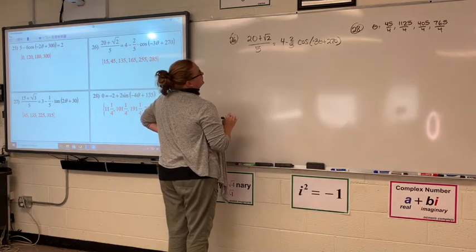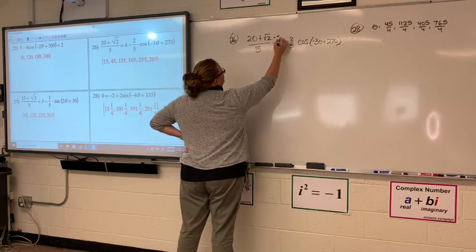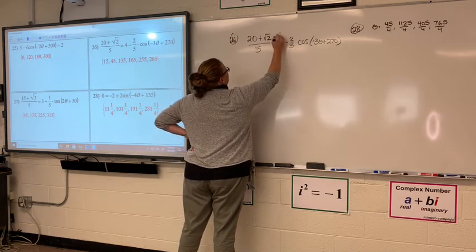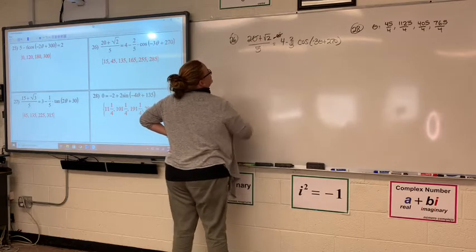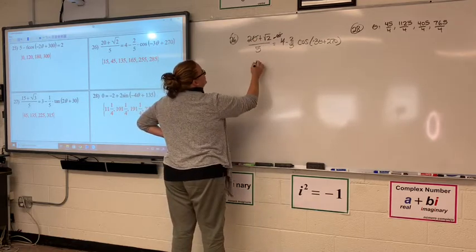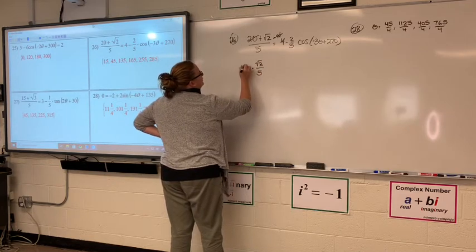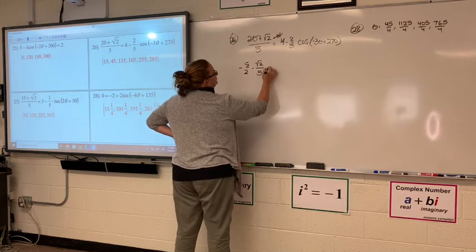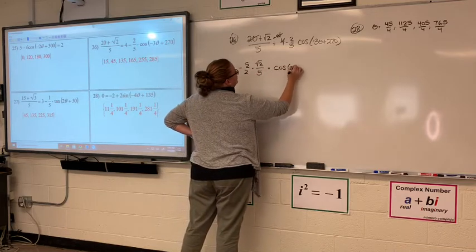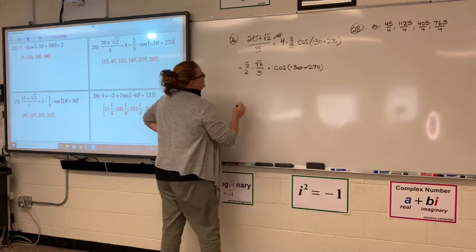Okay, so we have to subtract 4. So when we subtract 4, that ends up being 20. Okay, and then multiply by the reciprocal, so that's negative 5/2. Okay, so those go.